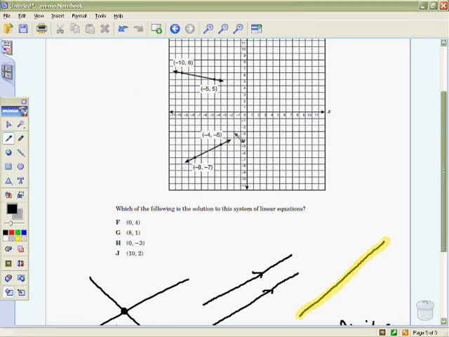Now we can tell that these lines at some point are going to intersect. So if I take and hopefully draw a straight line with my tool here, and I just extend this line on out.